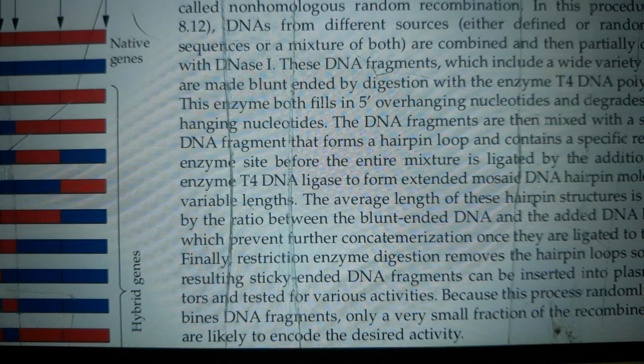These DNA fragments, which include a wide variety of sizes, are made blunt-ended by digestion with the enzyme T4 DNA polymerase. This enzyme both fills in 5' overhanging nucleotides and degrades 3' overhanging nucleotides.